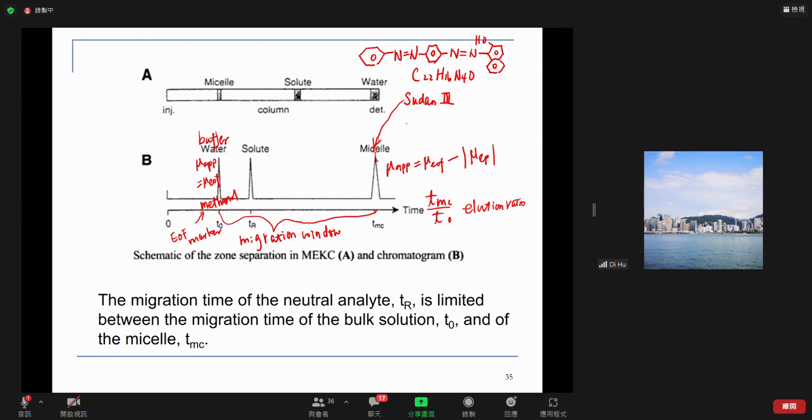Now you have a fast moving buffer solution and a slower moving micelle, so the micelle is serving as the pseudo stationary phase. MEKC is micellar electrokinetic capillary chromatography. It's kind of a hybrid of traditional CE and reverse phase chromatography, right?